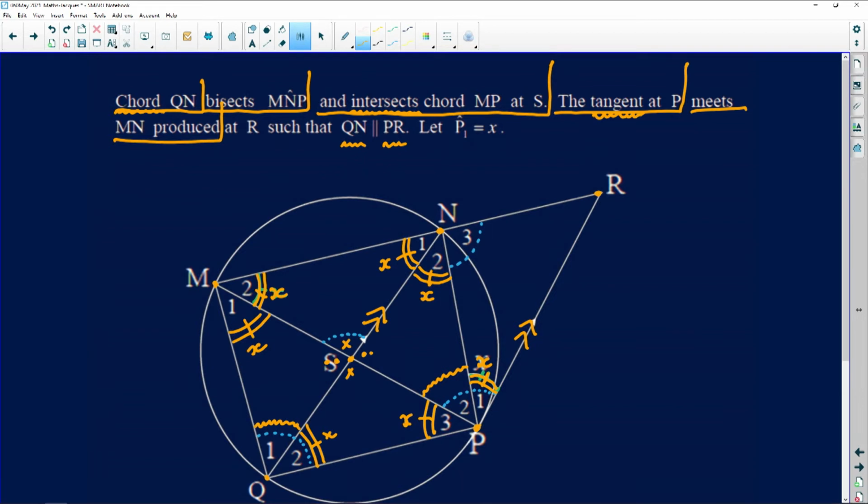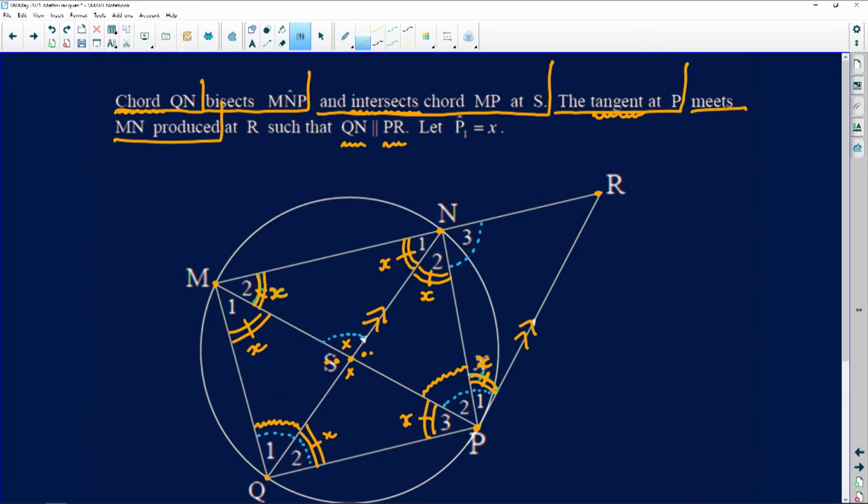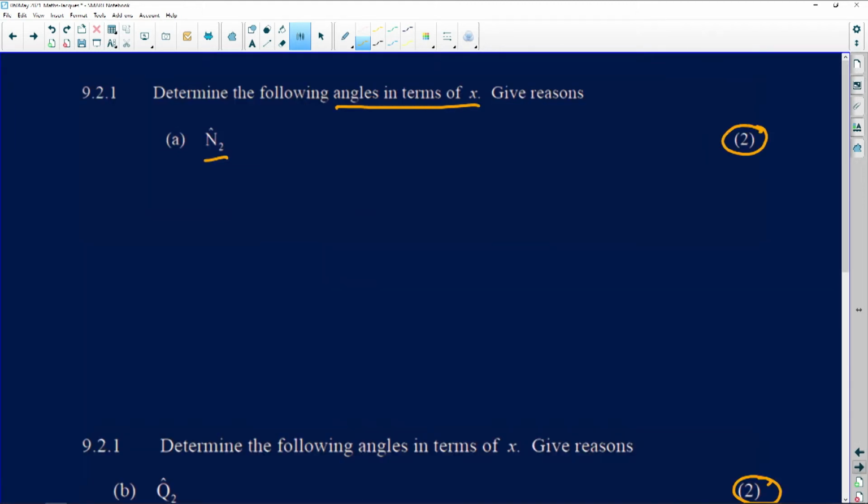The lines became parallel, hence my angle that was between the tangent and the chord became equal to the alternate angle on the other side. That's how it happened. So let's see how we write down the reasoning. And this is the important step. We can start by saying the two lines are parallel, and then P1 was equal to N2. The two lines that were given as parallel were QN and PR.